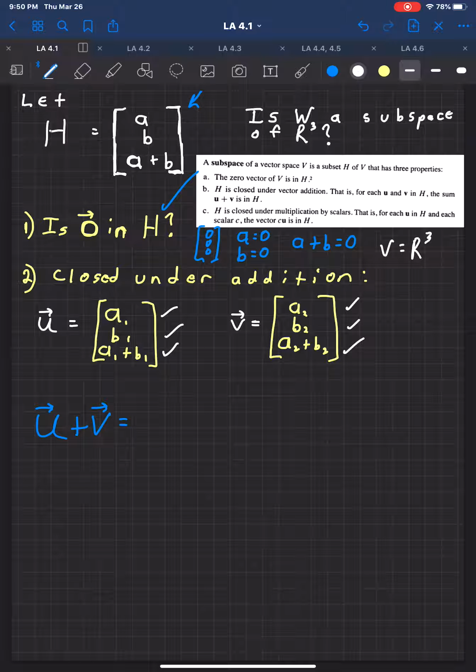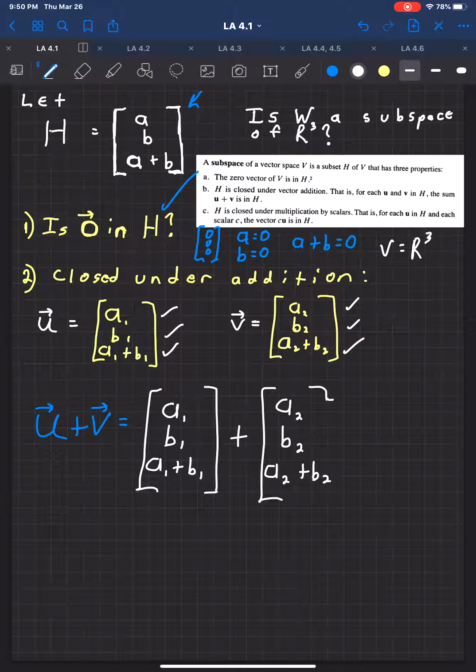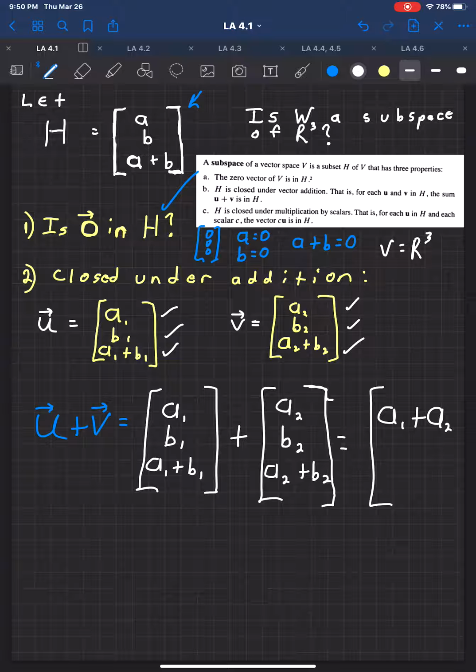So let's see what u plus v would look like. So this would be a sub 1, b sub 1, a sub 1 plus b sub 1, plus vector v, which would be a sub 2, b sub 2, a sub 2 plus b sub 2. All right, ready? Let's see what that would look like. So clearly this would be a sub 1 plus a sub 2.